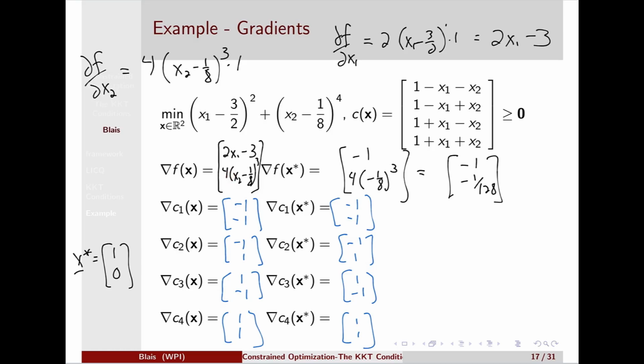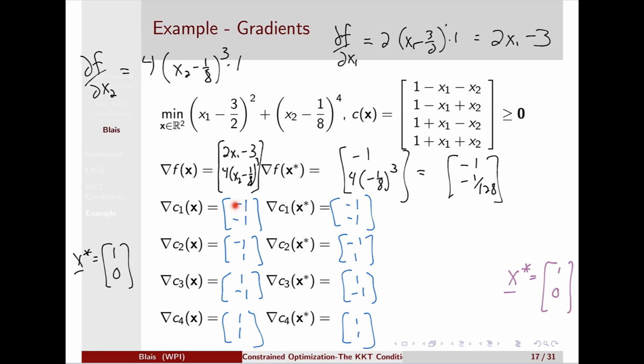And then we are going to evaluate the gradient of f at x star, and recall x star is the point (1, 0). So plugging in (1, 0), we get a minus 1 in the first entry, and 4 times negative an eighth cubed, which is minus 1 over 128. So this is our gradient of f evaluated at the local minimizer x star.